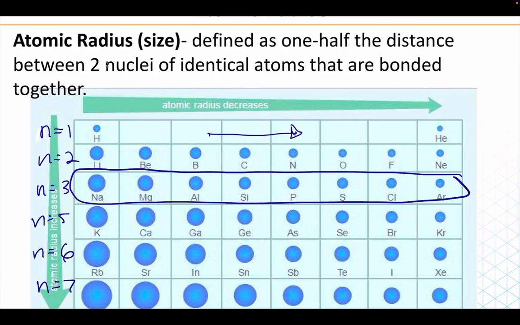Phosphorus would be plus 15, sulfur's plus 16, plus 17. Because they are not gaining energy levels, but they are getting a more positive nucleus, they're able to attract their electrons in more closely, which is why they become smaller.